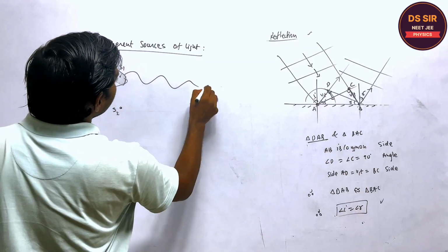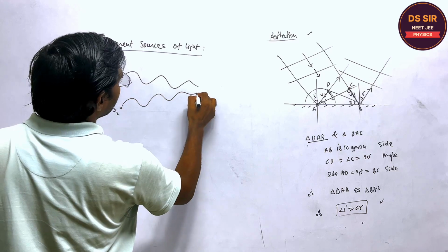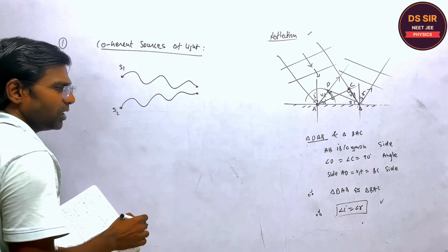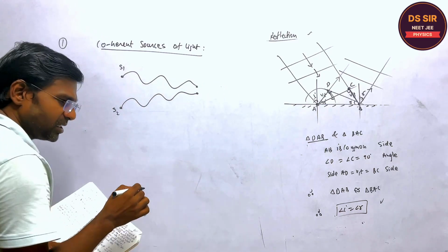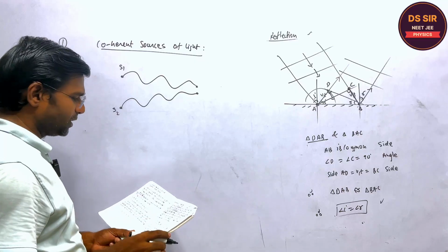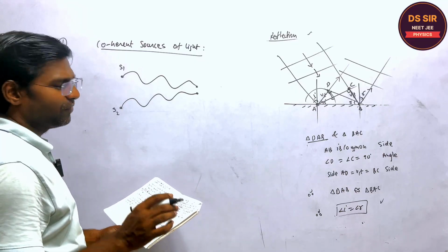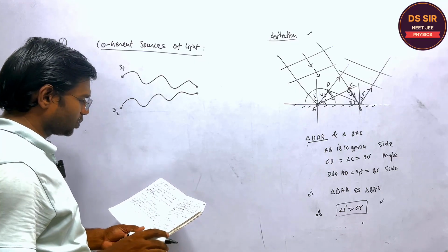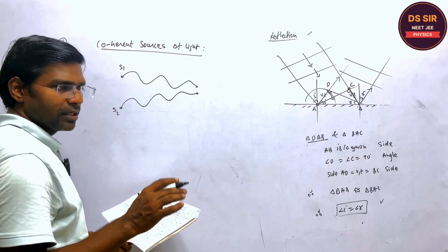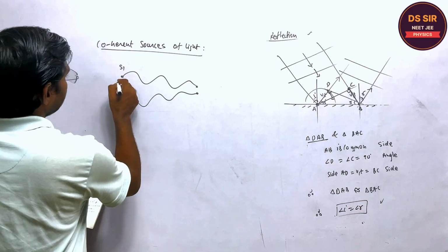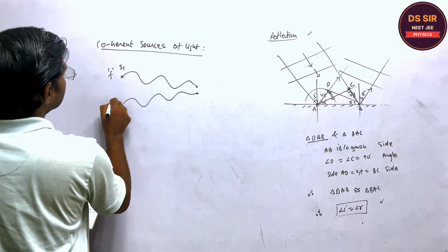If the light in the form of wave travels, and the phase difference between the two light sources remains constant with time, then these types of sources are called coherent sources. And also their frequency must be the same.